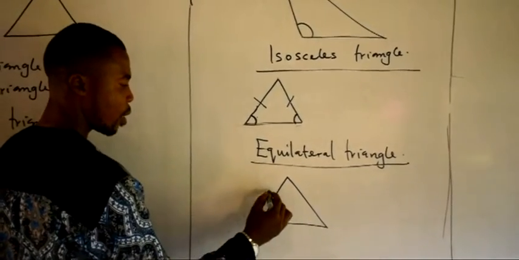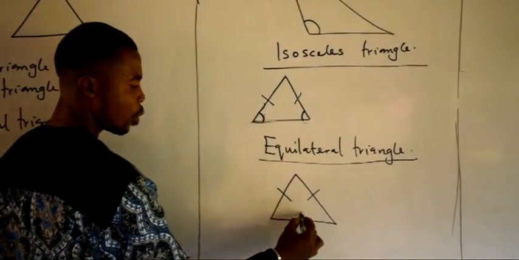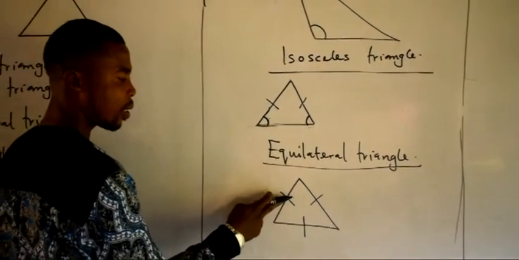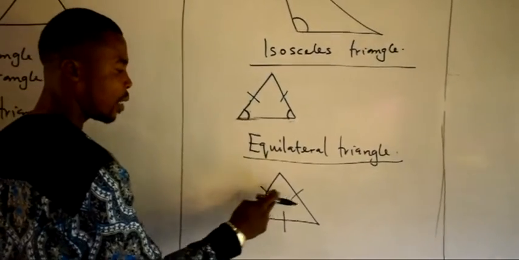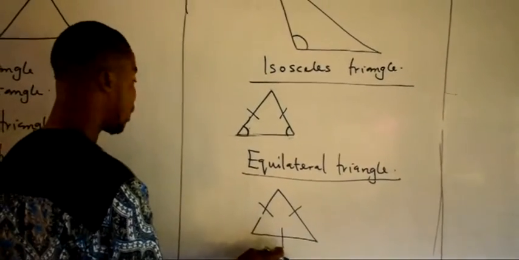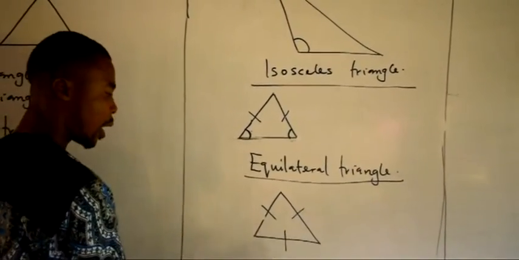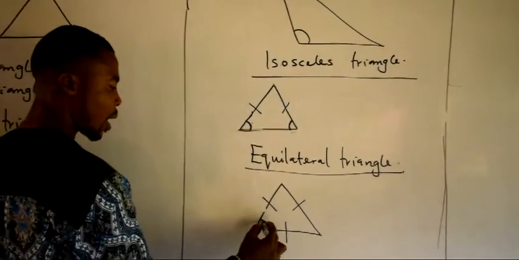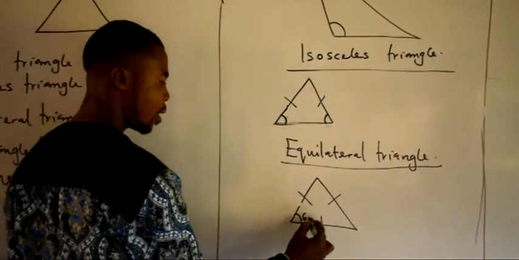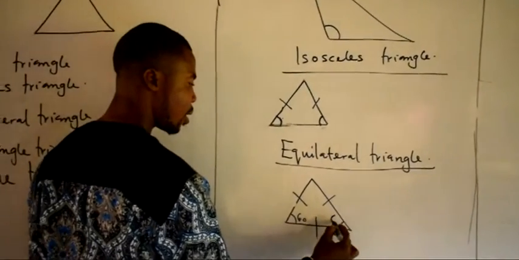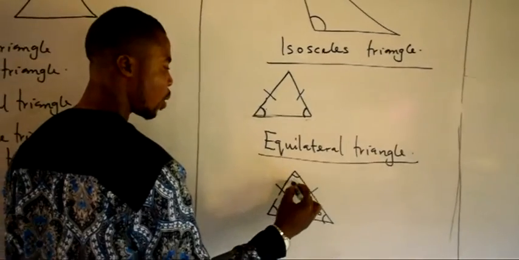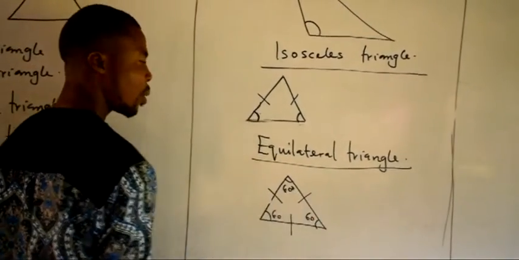Here, there is a sign showing that this side is equal to this side is equal to this side, telling us that this angle is 60 degrees, this is 60 degrees, and this one too is 60 degrees.